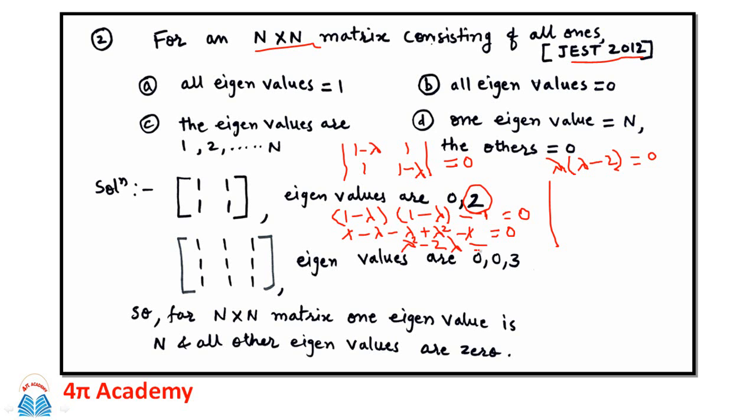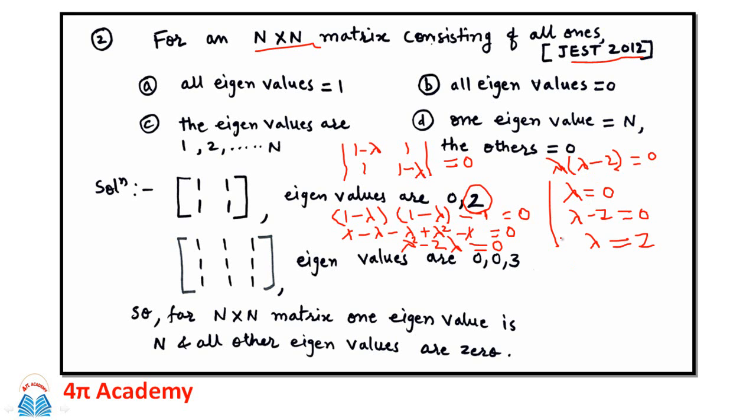From this equation, if I take lambda as common, then in the bracket I will remain with lambda minus 2 equal to 0. It means that either lambda equal to 0 or lambda minus 2 equal to 0. Lambda minus 2 equal to 0 means that lambda equal to 2.